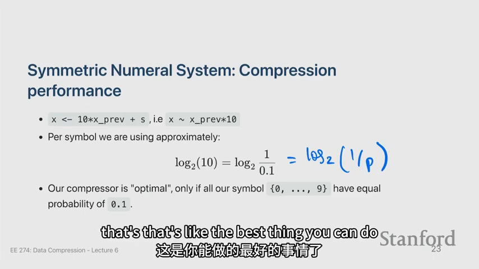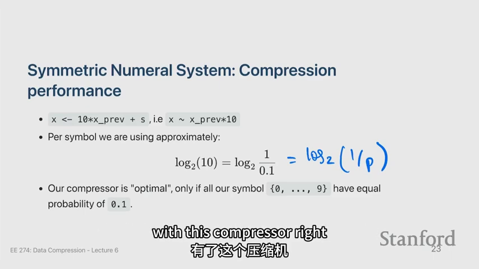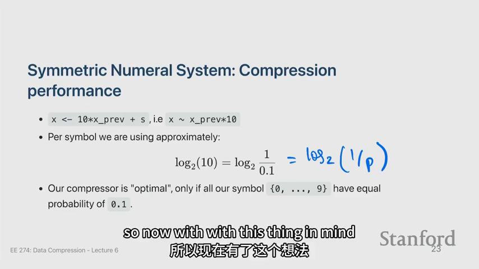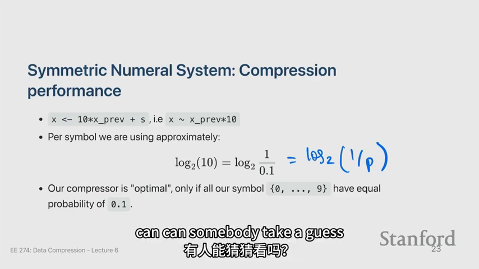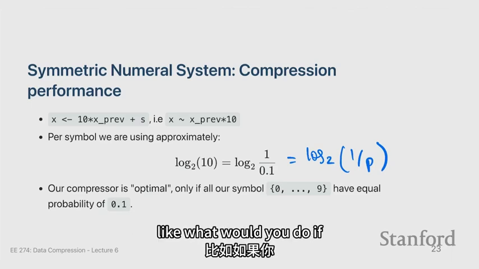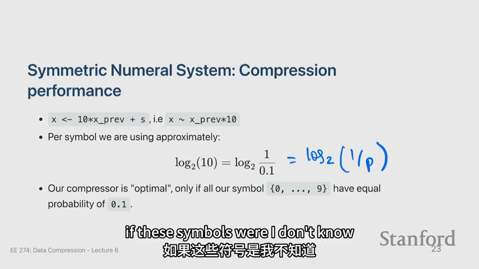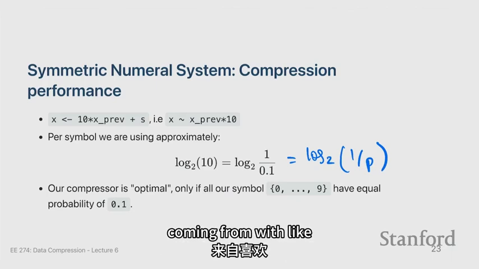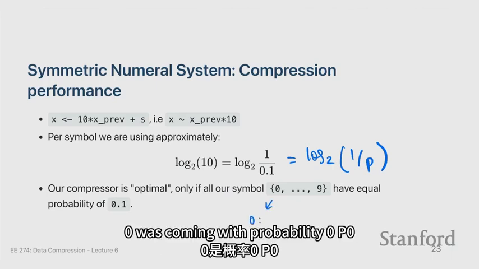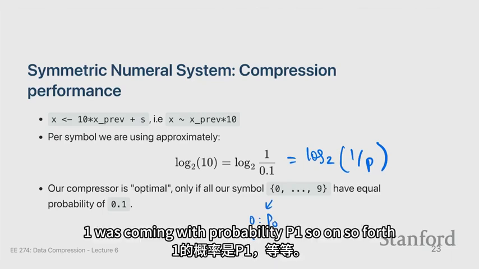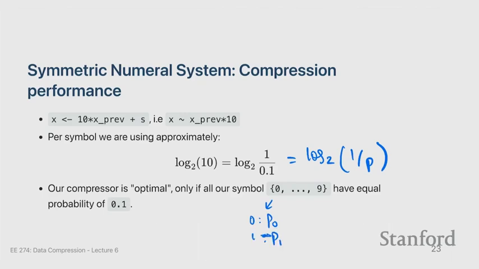That's the best thing you can do with this compressor, right? So with this in mind, can somebody take a guess what you would do if these symbols were coming with probability p0 for 0, p1 for 1, so on and so forth?